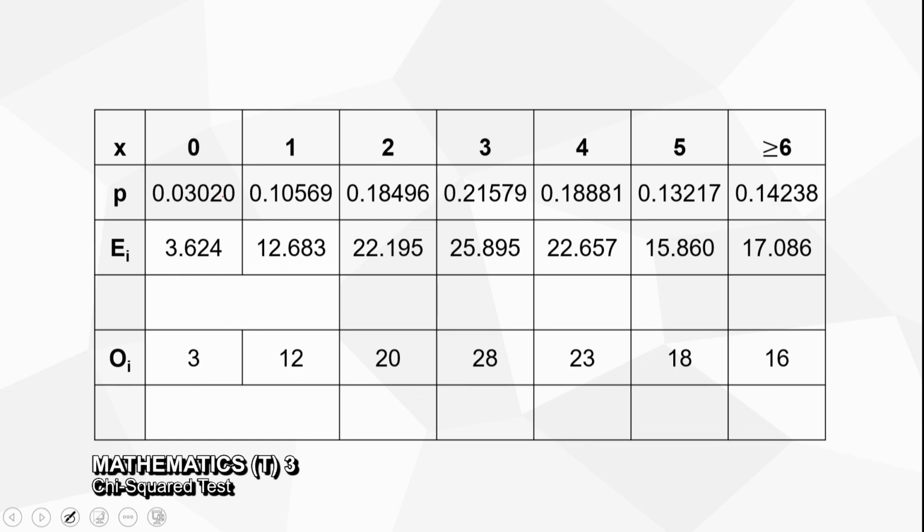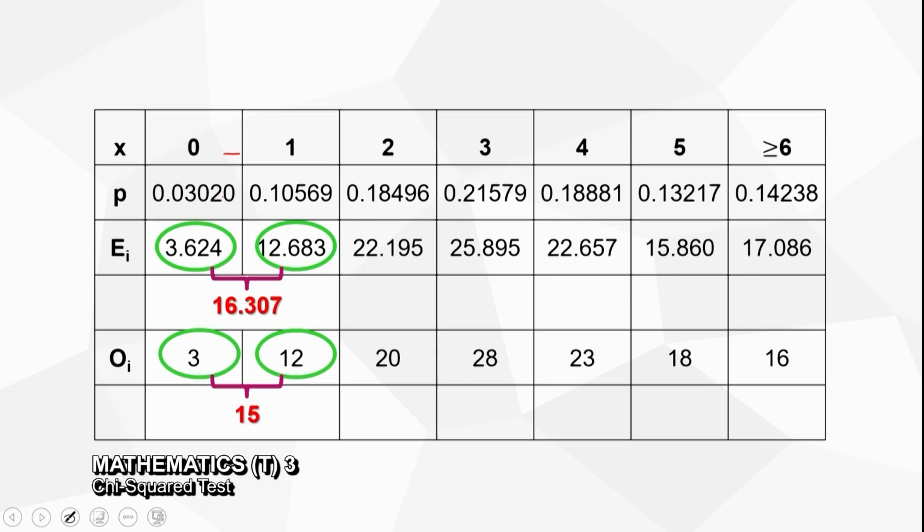So we combine these two, which gives 16.07. Then we add these two and get 15. This is how you combine adjacent groups. Earlier we had 7 columns, but now it becomes 6 columns.